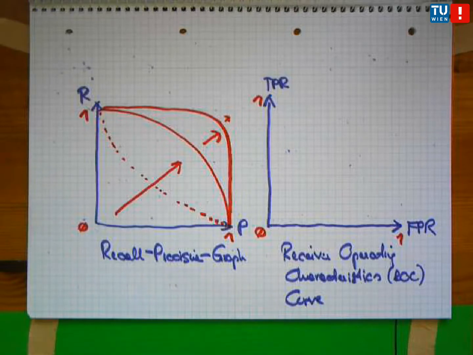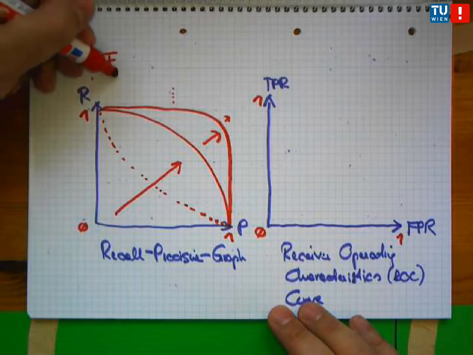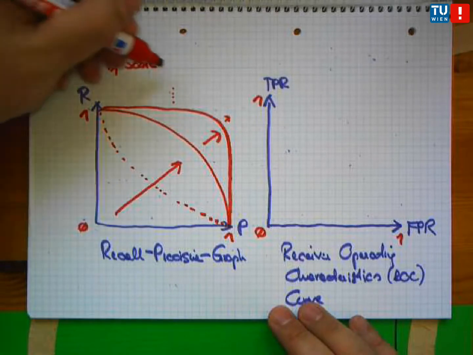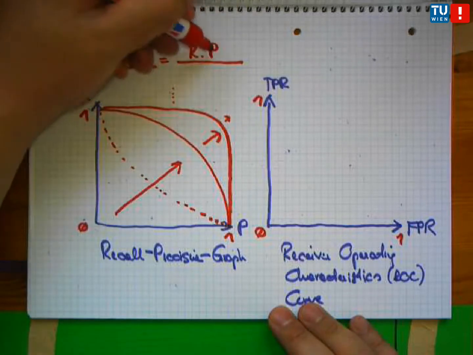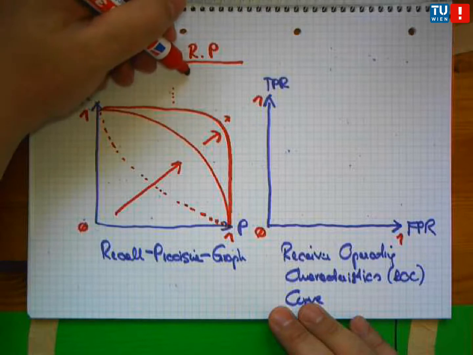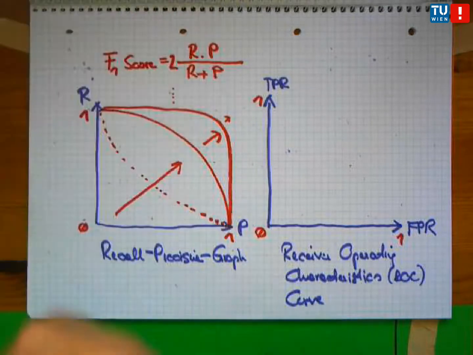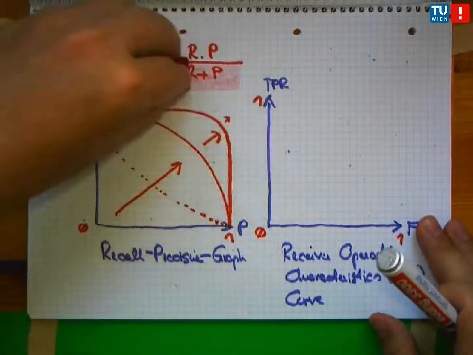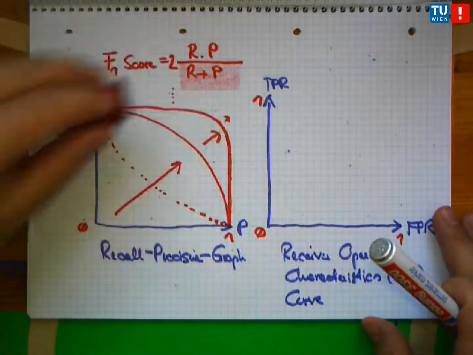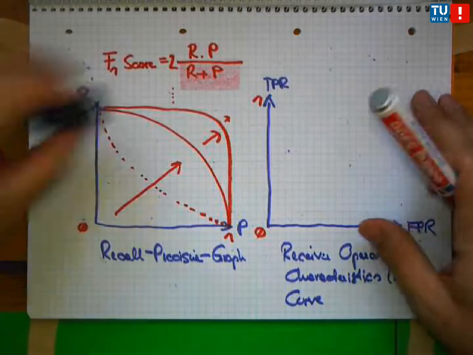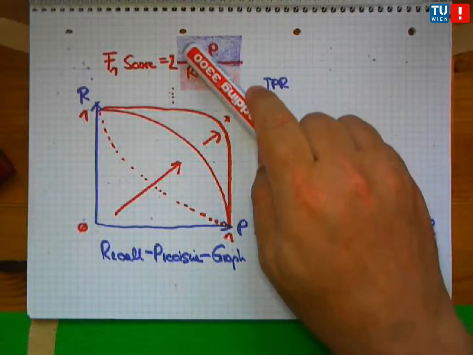There is even a measure for this particular quality, and that is called the F1 score, which is 2 times the product of recall and precision divided by the sum. The sum is more forgiving than the product, which means that it will more easily be close to 2 than the denominator is, because the product will only approach 1 if both recall and precision are high.